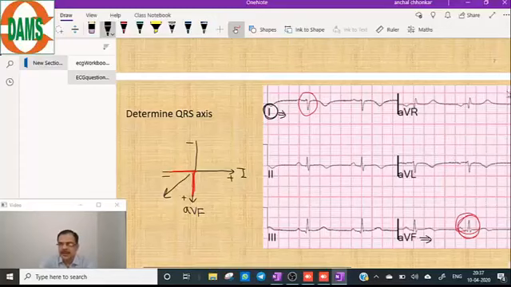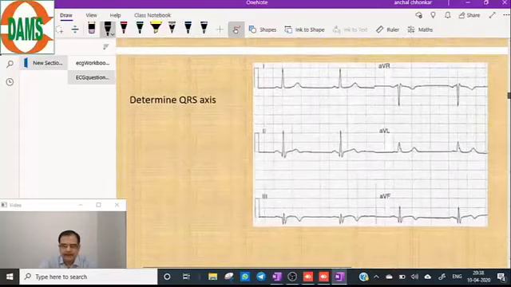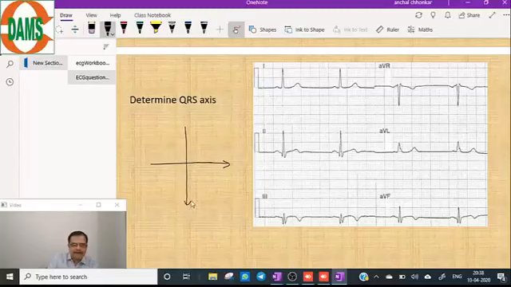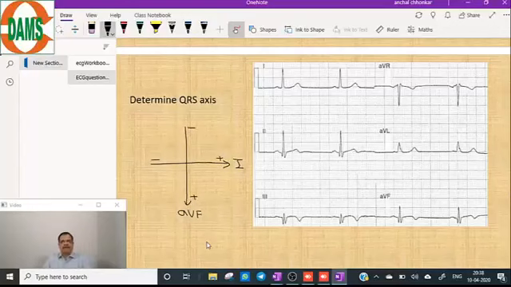So next is... Yes, in COPD you can get a right axis deviation.